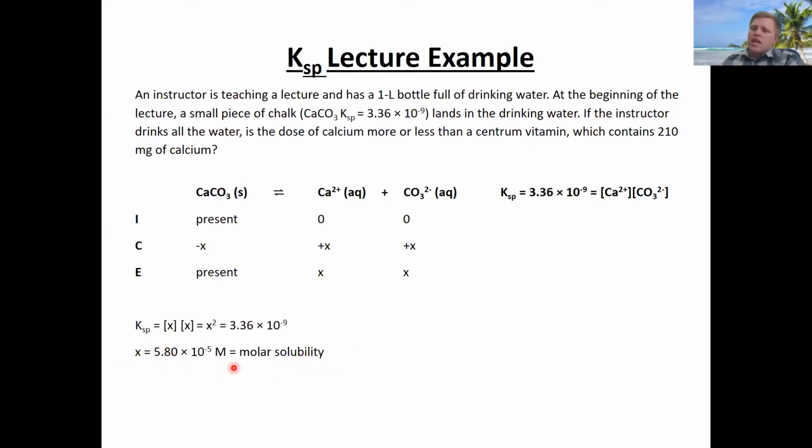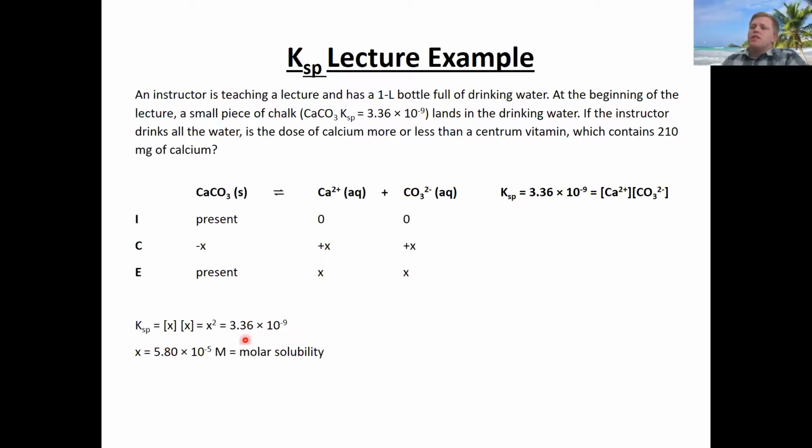So what does this x actually mean? Well, this means that our concentration of the calcium ion in our water is now 5.8 times 10 to the -5th molar. That's the concentration of our carbonate in this water also. This also tells us how many moles of calcium carbonate are going to dissolve for every liter of water that it's put in.